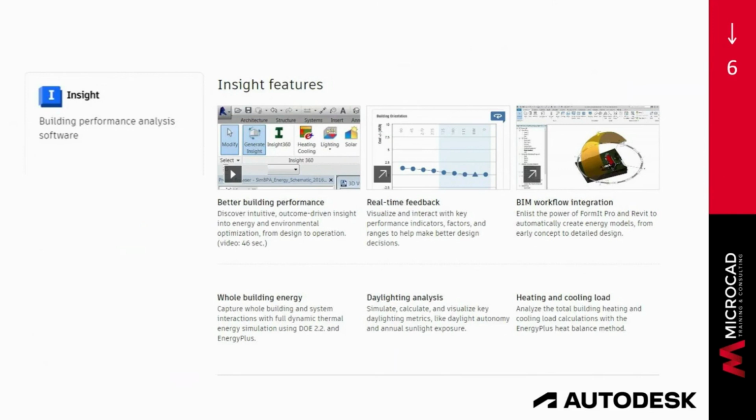All this is based on DOE 2.2 and Energy Plus. You can run daylight analysis, and you can run your heating and cooling loads. All these analyses you can run in Insight.